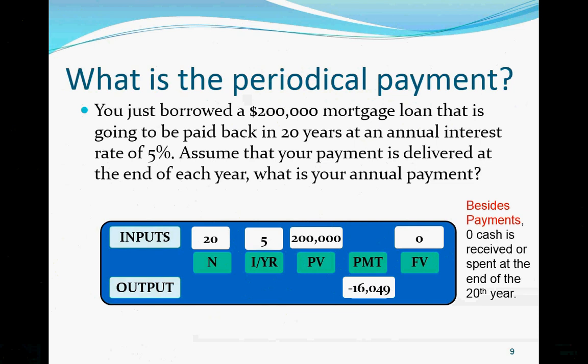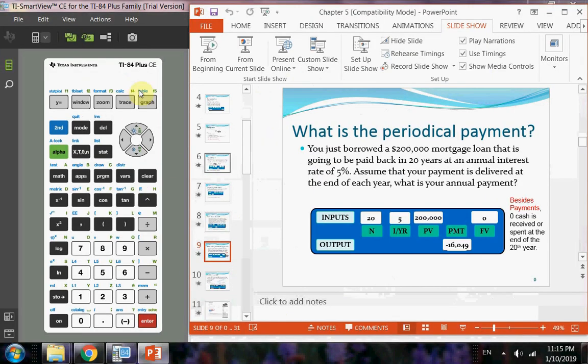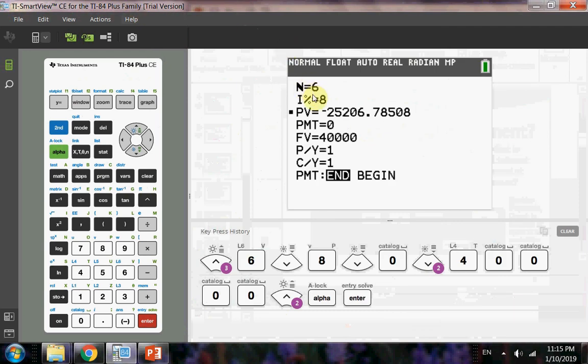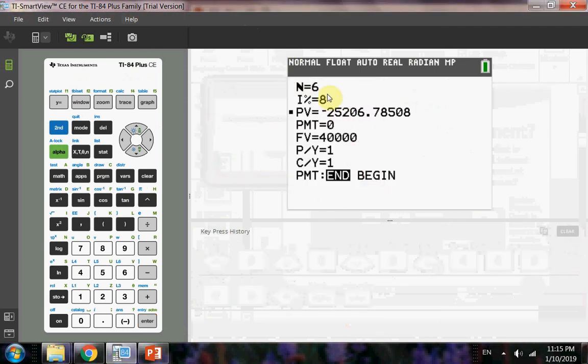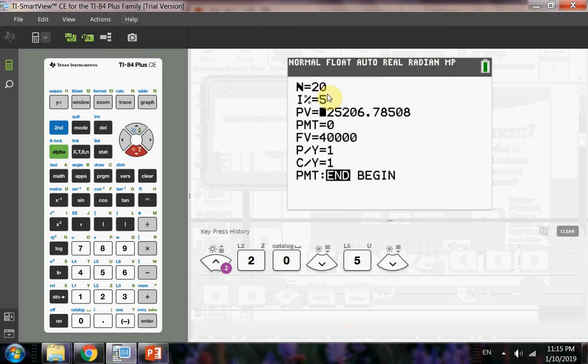So I think it's necessary for me to get back to the calculator page, and let's just work on this all together. So let me clear this. I move to N, that's 20 years, and then I move to I, that is 5%, so put 5, do not put 0.05, and my present value is $200,000.